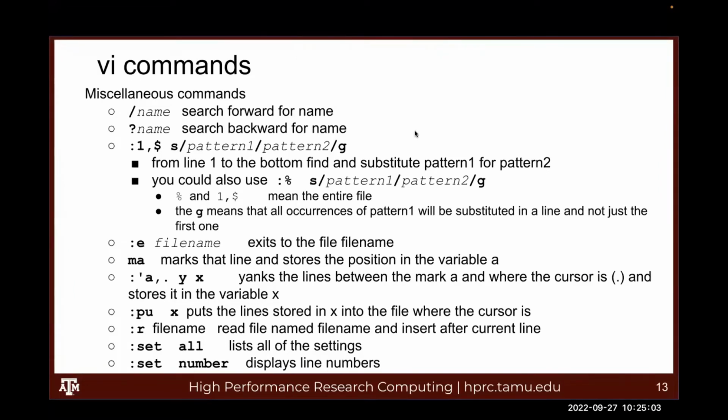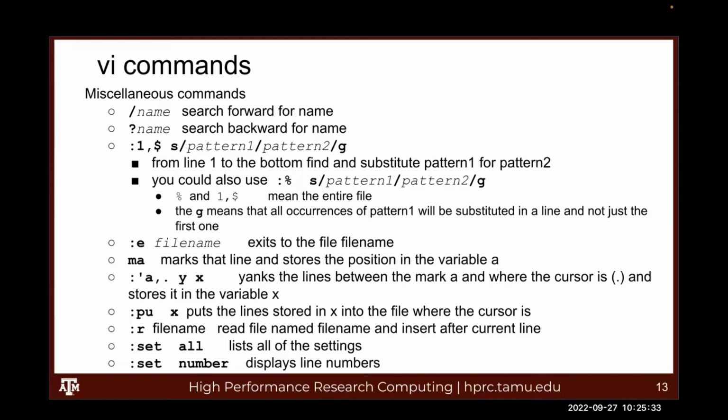Okay, :1,$ and then this format, which you'll see later in some other commands, s/pattern1/pattern2/g will go from line 1 to the end of your file and substitute all instances of pattern 1 for pattern 2.